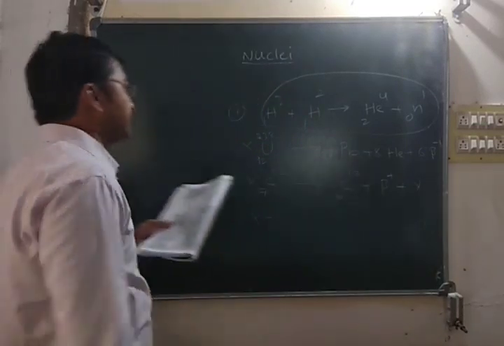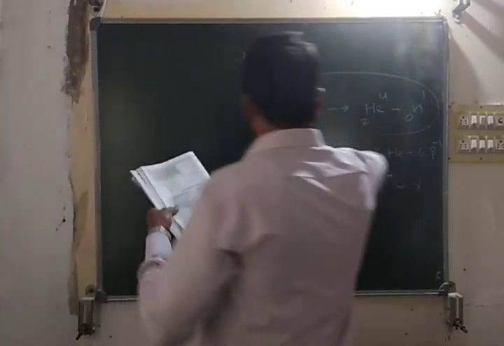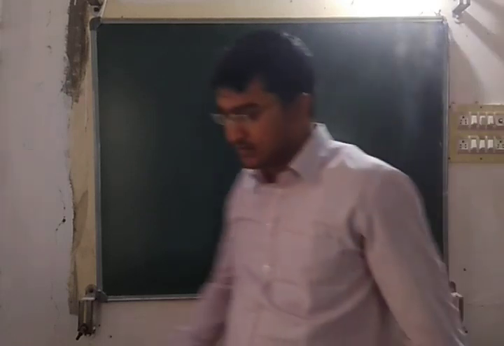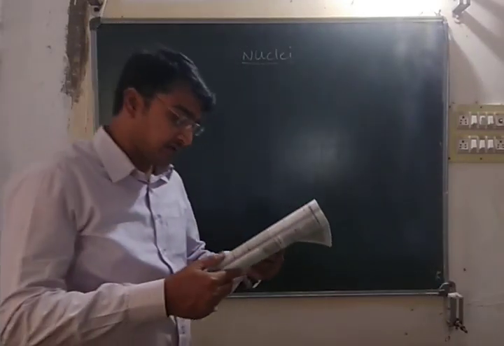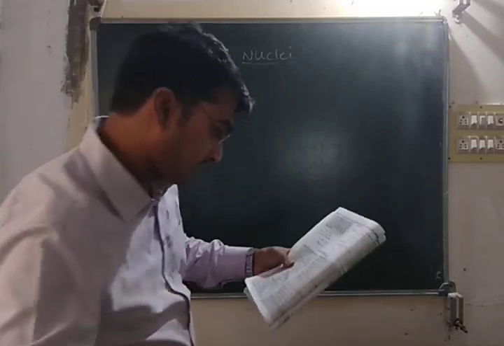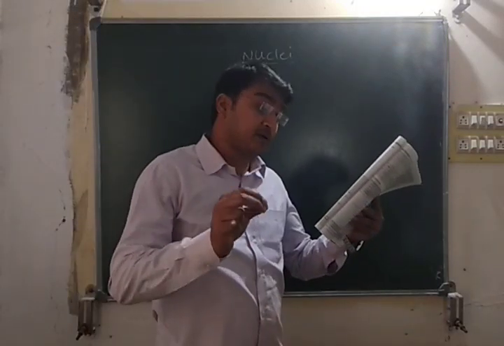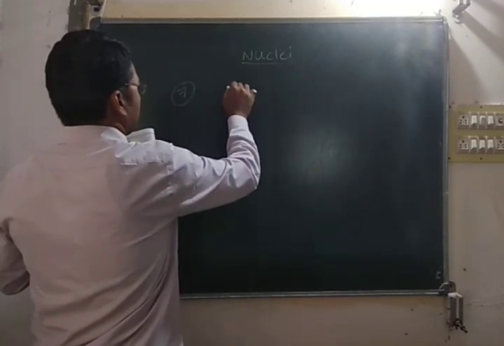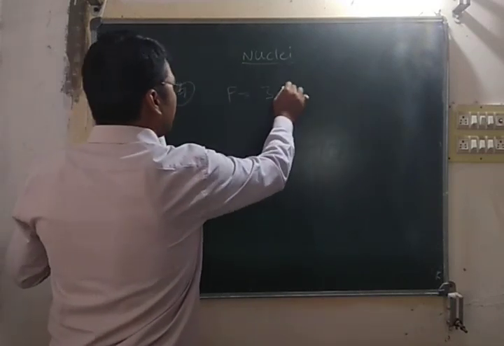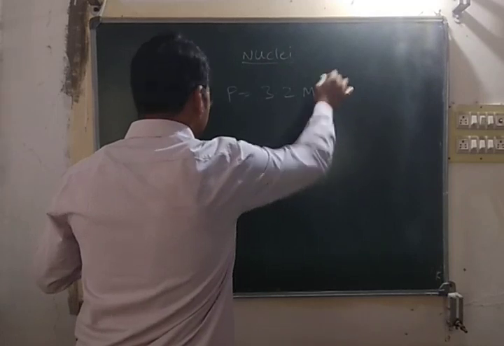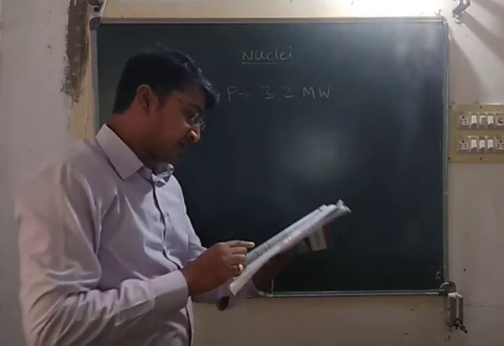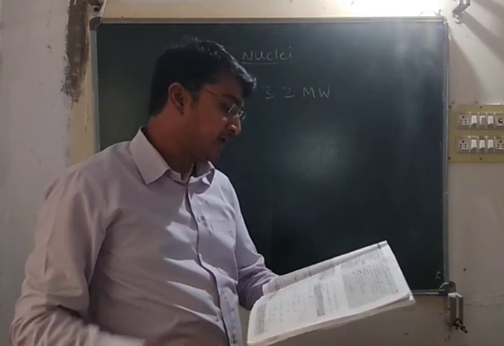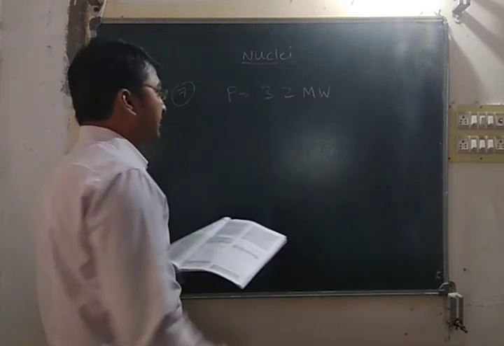Next, question number 7. To generate the power of 3.2 megawatts, what is the number of fissions of uranium 92 235 per minute?